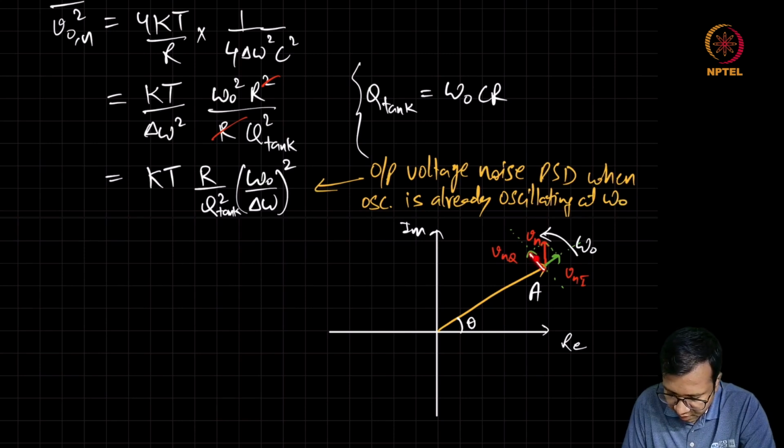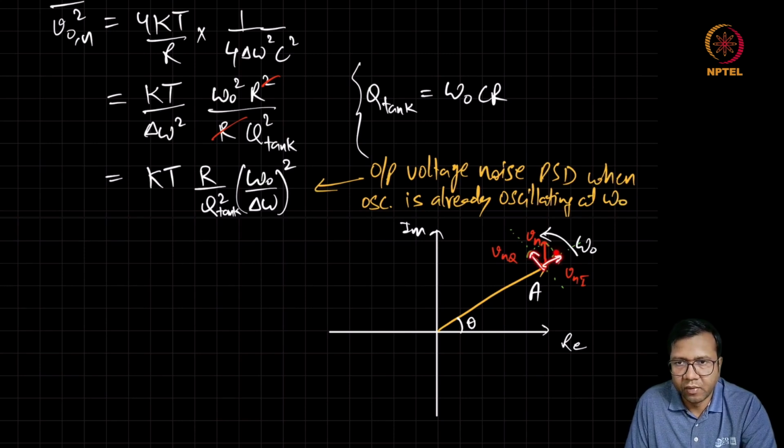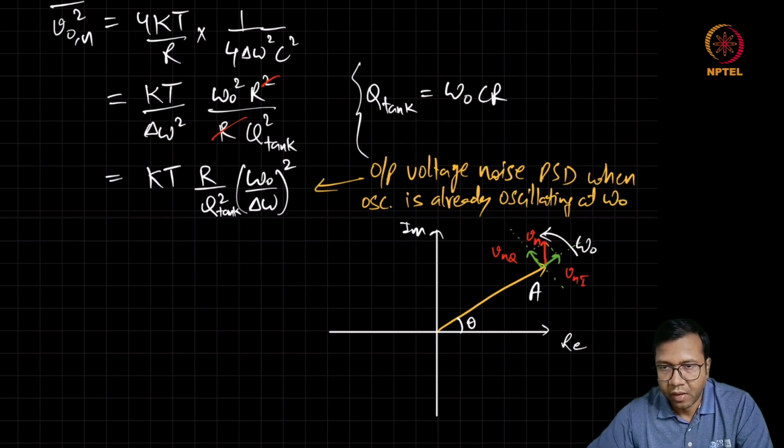Now looking at these two components of Vn, we can easily see that this Vni component is going to directly affect the amplitude of the signal. So this component we can say will contribute to the amplitude noise.